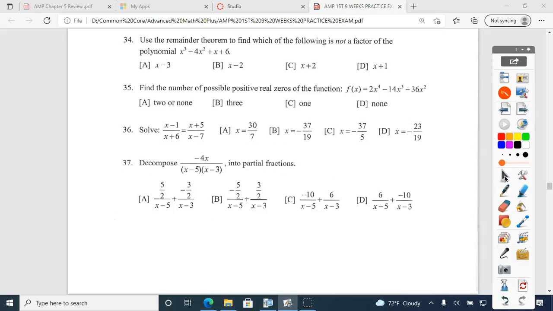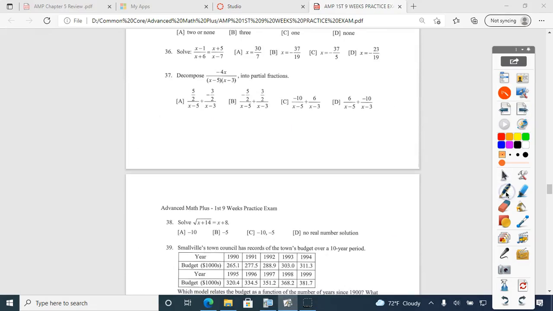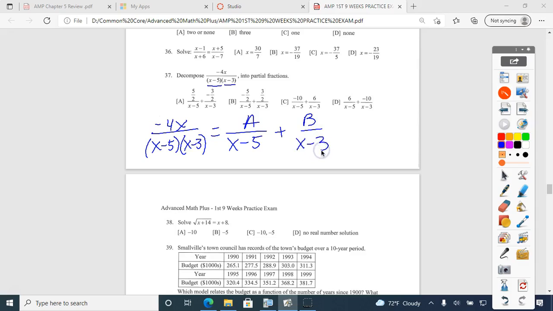All right, 37, decomposing into partial fractions. This is the one where you got to figure out what goes on top. So they've already got a factor for you. So negative 4x over x minus 5 times x minus 3 is going to equal a over x minus 5 plus b over x minus 3.